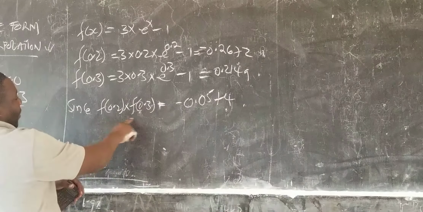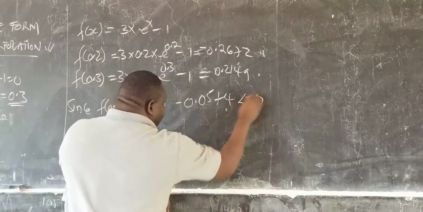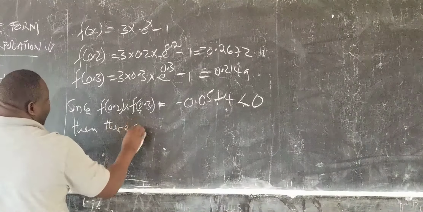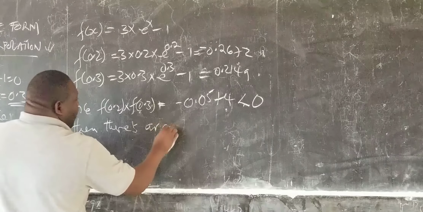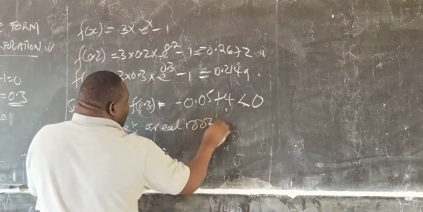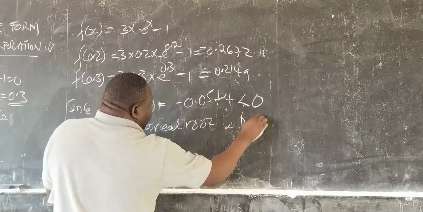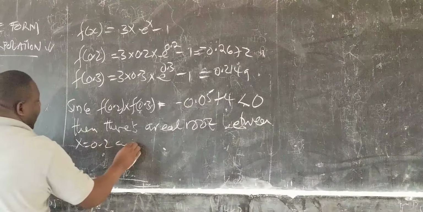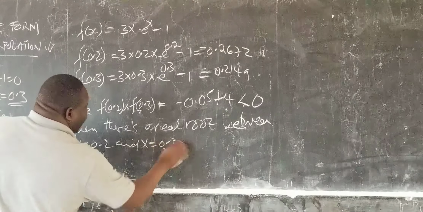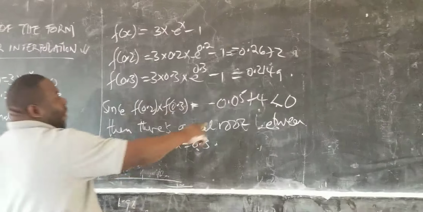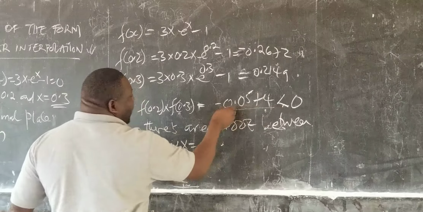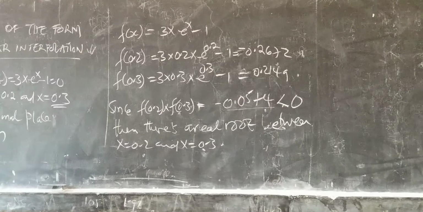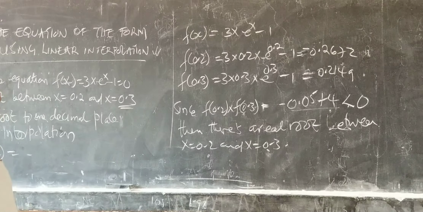Since the product is less than 0, there is a real root between x = 0.2 and x = 0.3. So you conclude that since when you multiply the two you get a negative value, and a negative is less than 0, there is a real root of the equation within that interval.